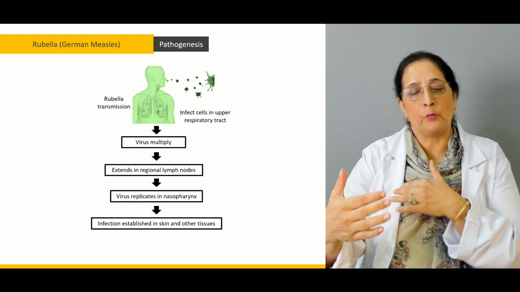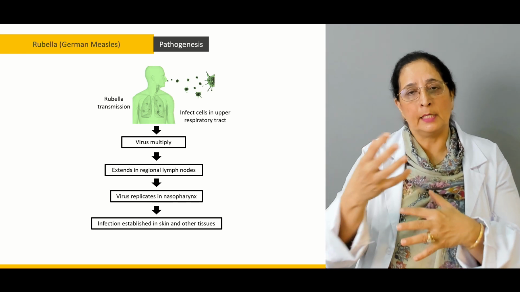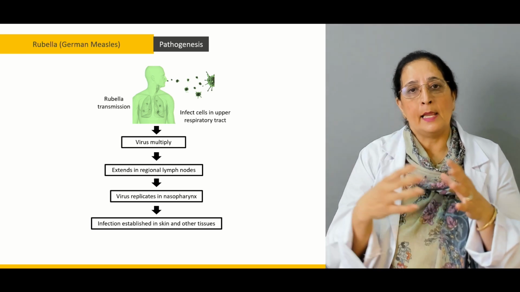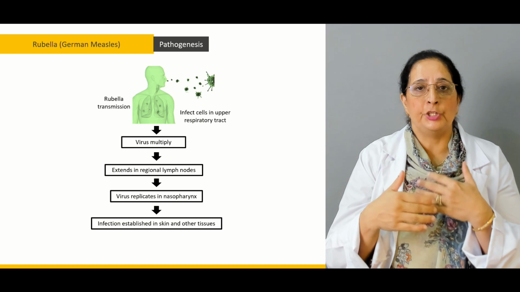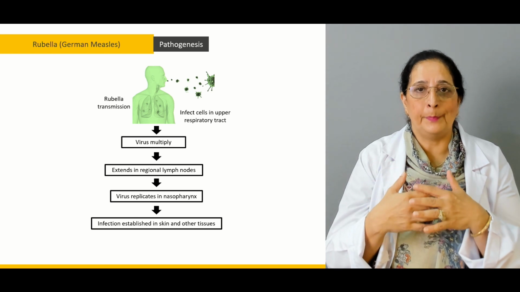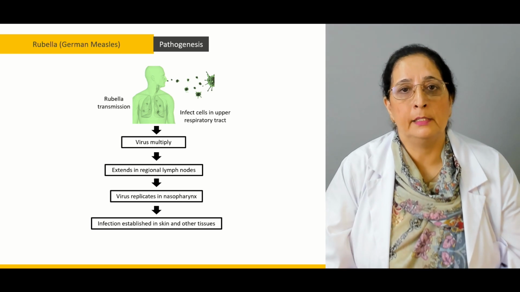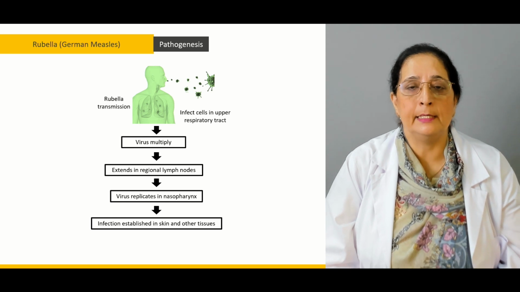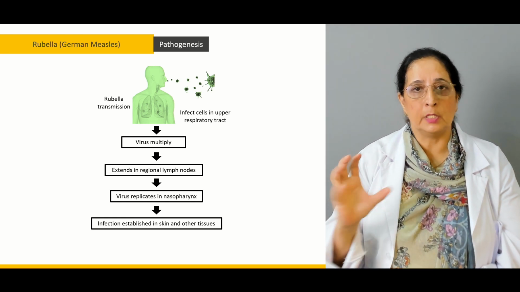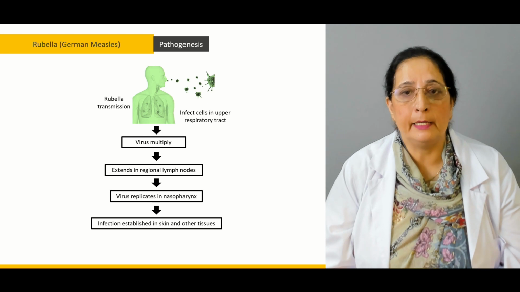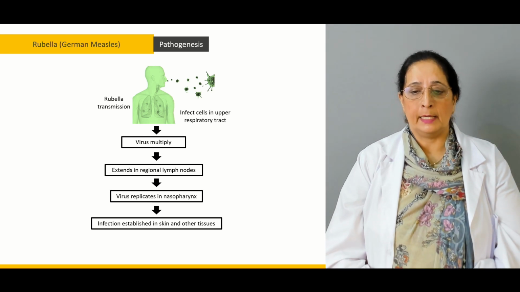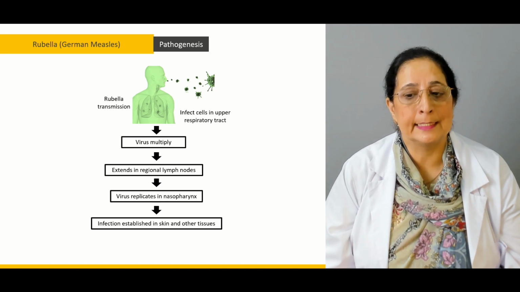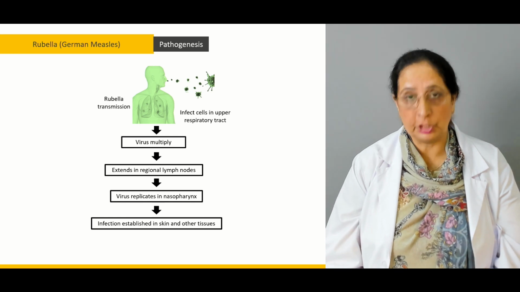It can spread from one person to another through inhalation of droplets, and then the virus multiplies in the nasopharynx. It goes into the regional lymph nodes, and then it is established in the skin and other tissues.